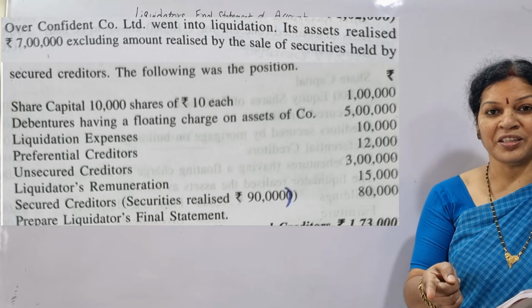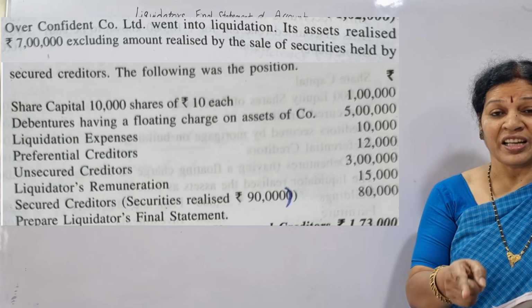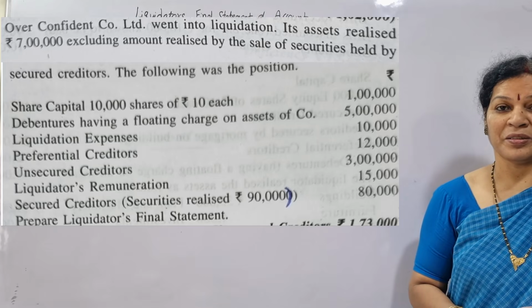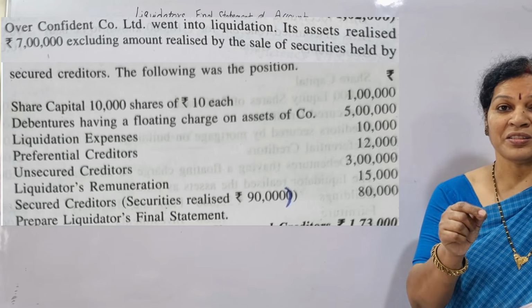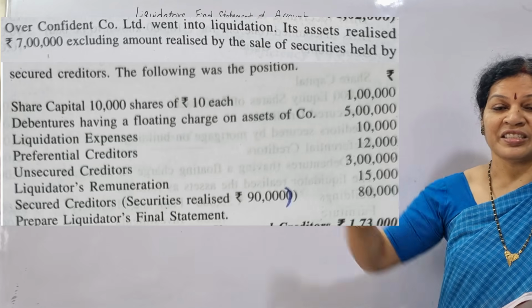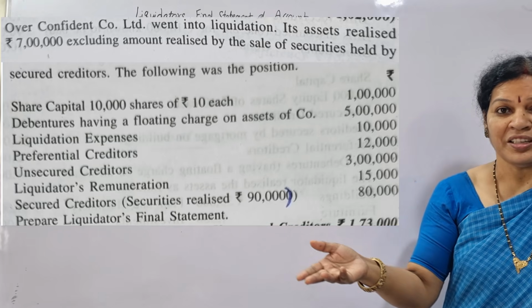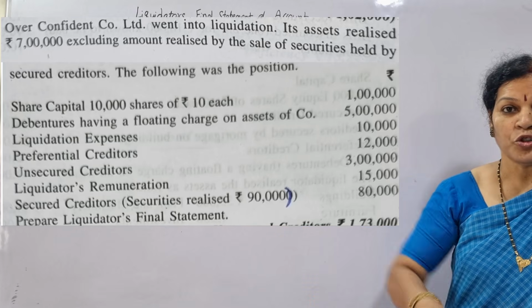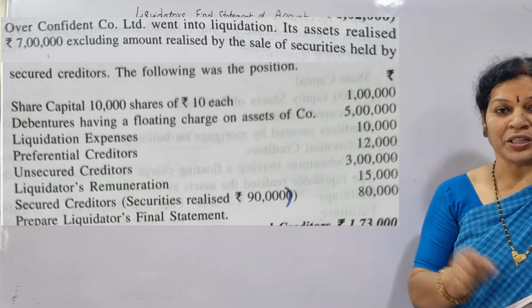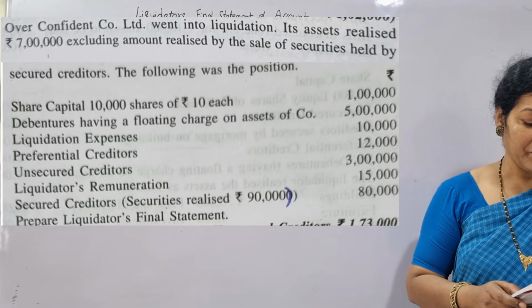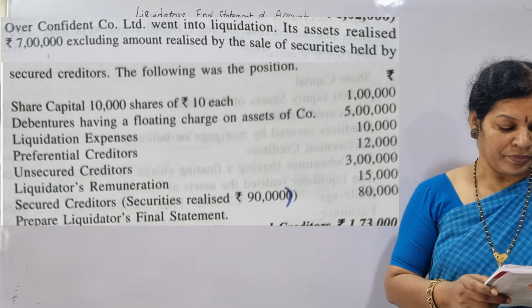The actual payment is 80,000, but it is realized at 90,000, which means 10,000 is surplus. Surplus on realization of securities comes on the receipt side. The surplus will be given to the company to make the other payments. So 10,000 will be taken on the receipt side when preparing the liquidator's final statement.